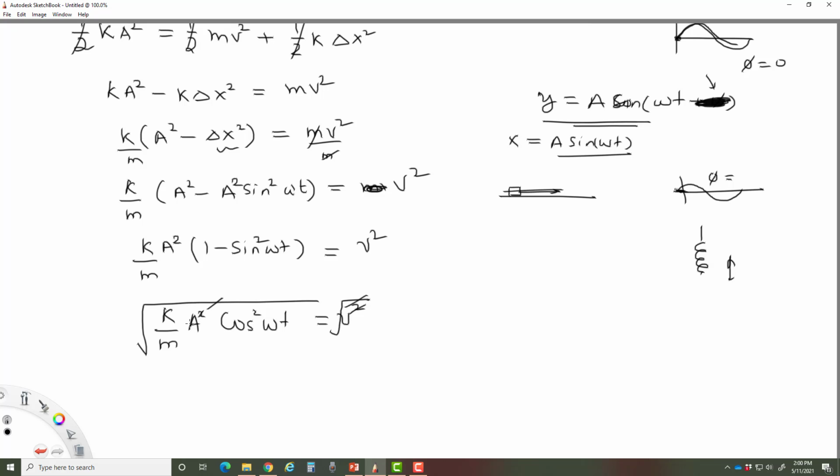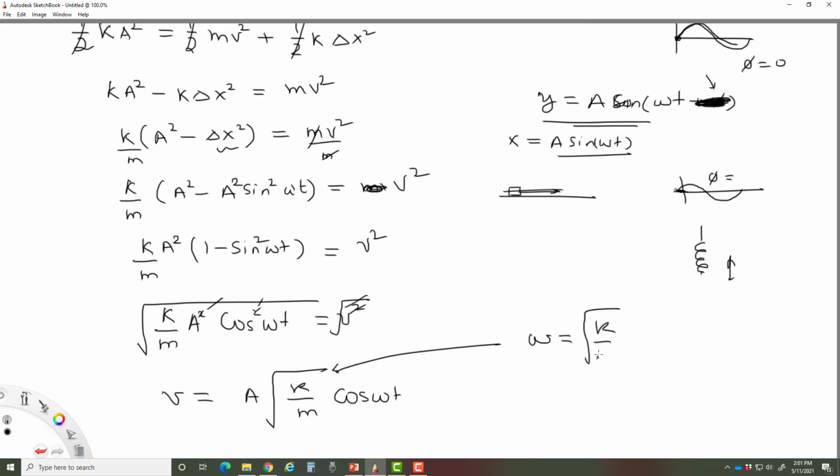Now let's take the square root on both sides. The square and square root cancel, so we get v equal to A square root of k over m cosine omega t. And I showed in the very beginning that square root of k over m is omega.